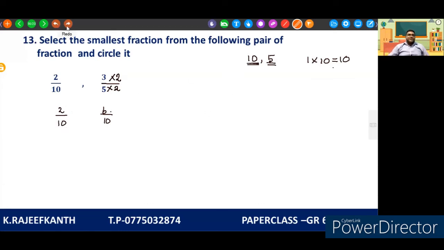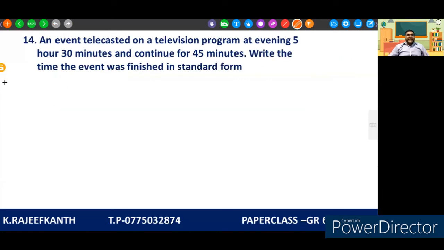Then question number 14. An event telecasted on a television program at evening 5 hours 30 minutes and continues for 45 minutes. Write the time that event was finished in standard form.